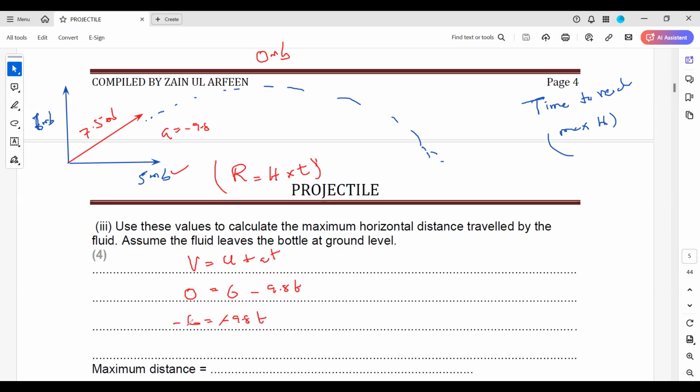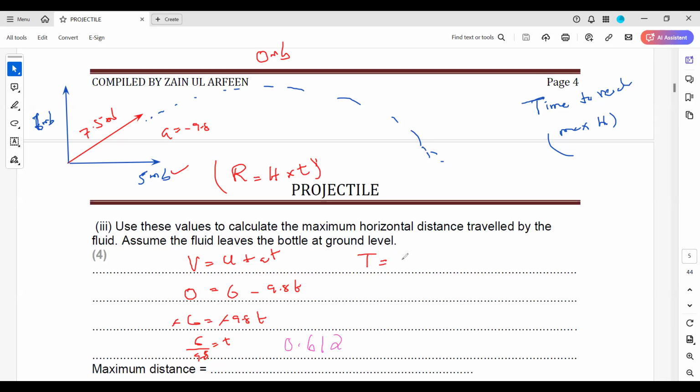The negative signs cancel, so it will be 6 divided by 9.8. That gives 0.612, the time to reach the maximum height.